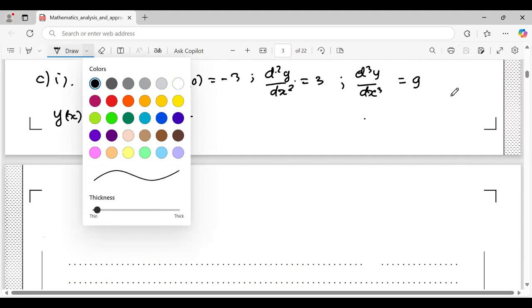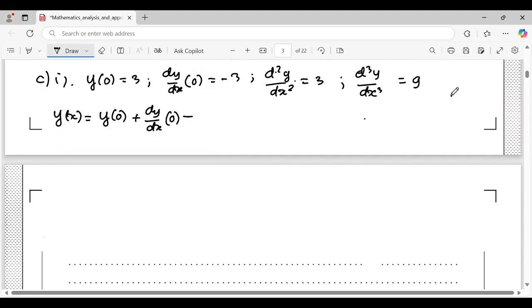Right. So divide the x, according to the Maclaurin series rule, this is y(0) plus y'(0) times x, plus the second derivative y''(0) times x squared over 2 factorial.